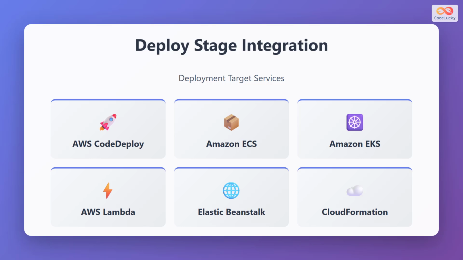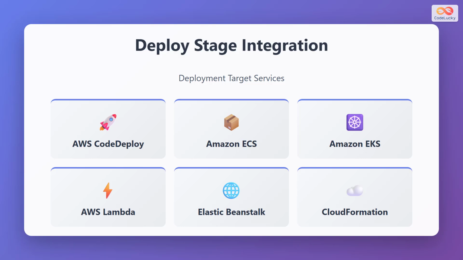CodePipeline supports numerous deployment targets for the deploy stage. AWS CodeDeploy automates application deployments to Amazon EC2 instances, on-premises servers, or serverless Lambda functions. Amazon ECS, or Elastic Container Service, is the target for deploying containerized applications. Amazon EKS, or Elastic Kubernetes Service, enables deployments to Kubernetes clusters.